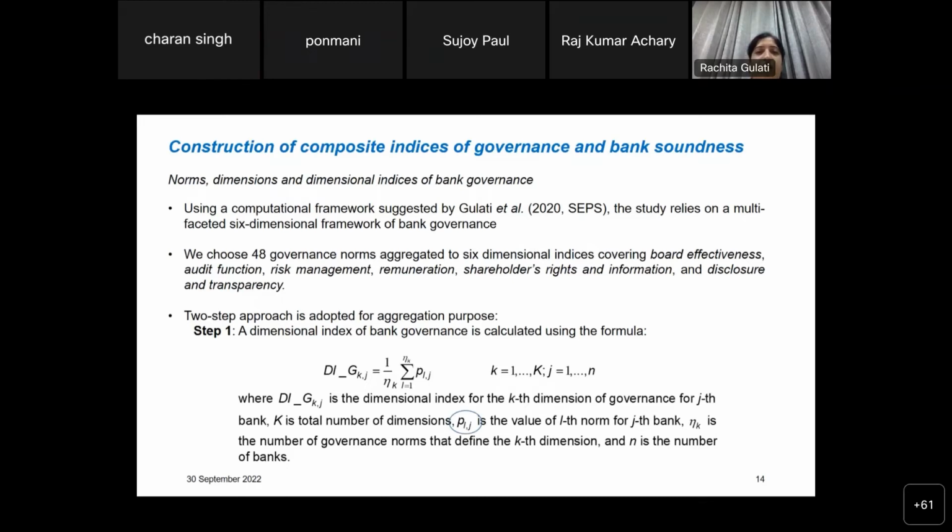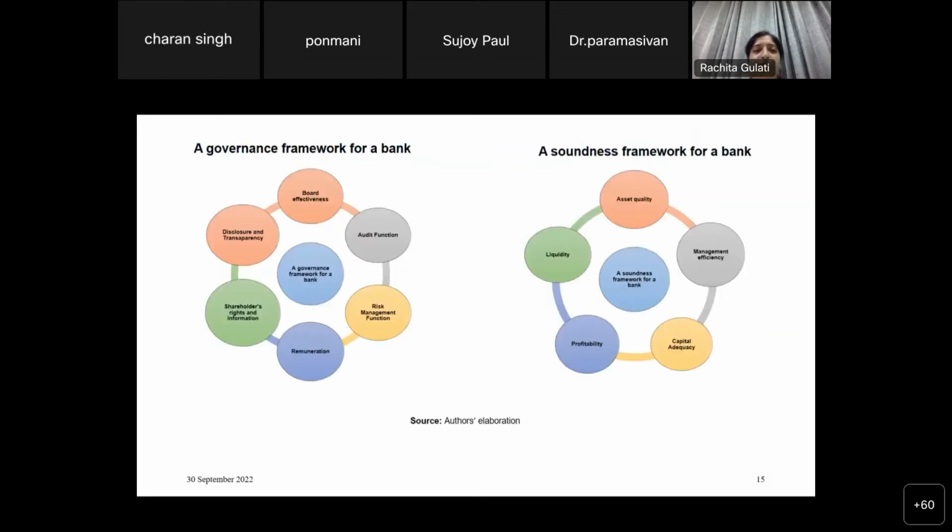The computational framework is the multidimensional framework which has been used for conducting this study. The governance framework for the banks in this study basically constitutes six dimensions, and the indicators in each dimension are listed in the report.